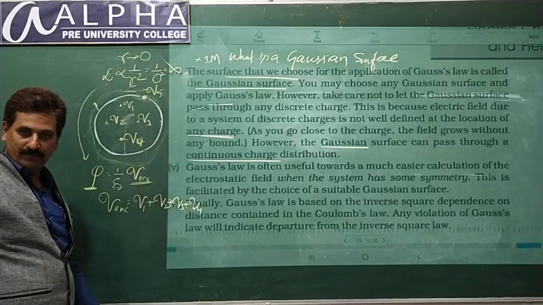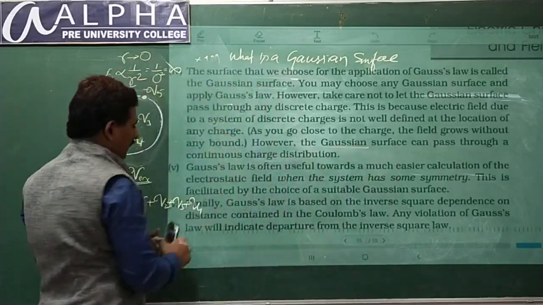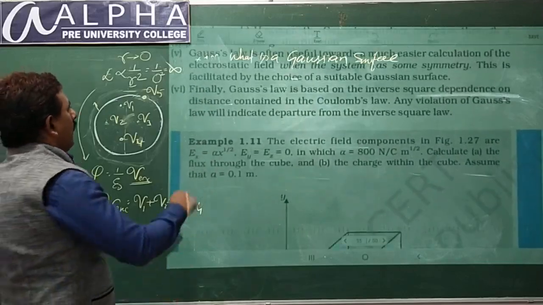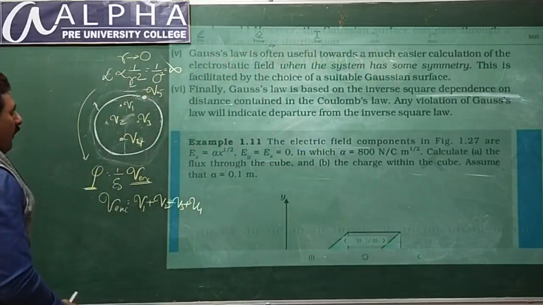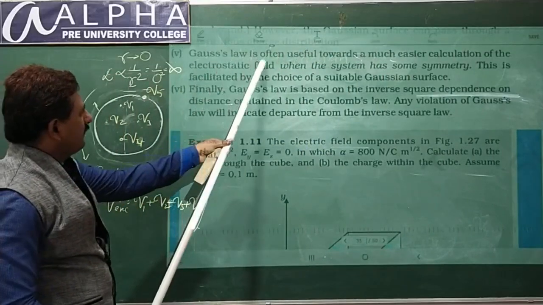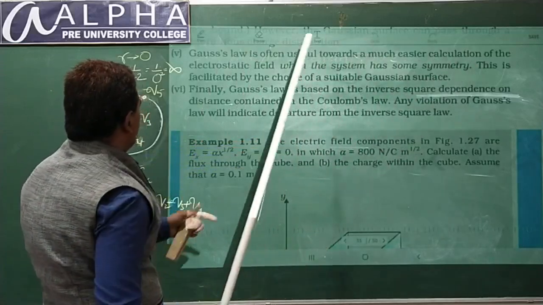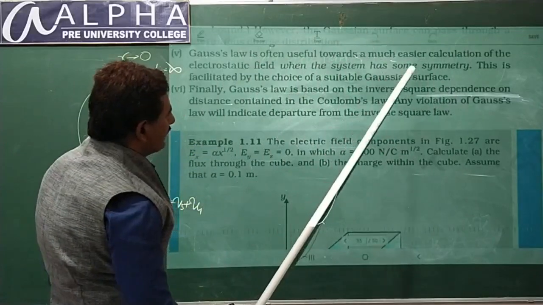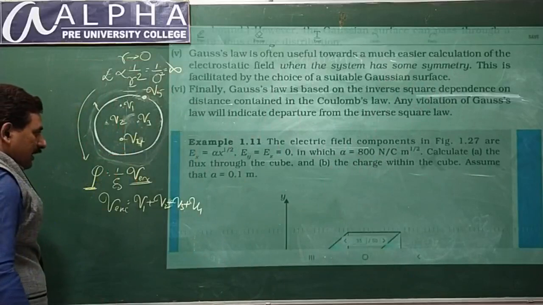Very, very important. Now the next point is the last but one. See, the fifth point: Gauss law is often useful towards a much easier calculation of electric field when the system has some symmetry. Some symmetry means what? Like this sphere, cylinder, right?